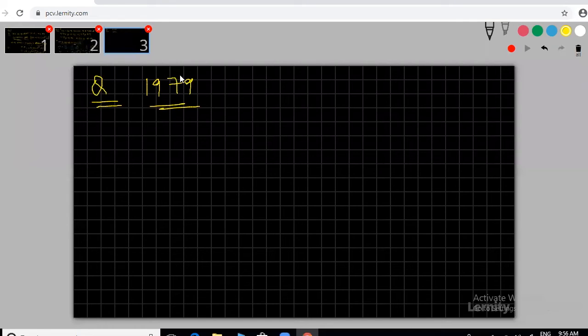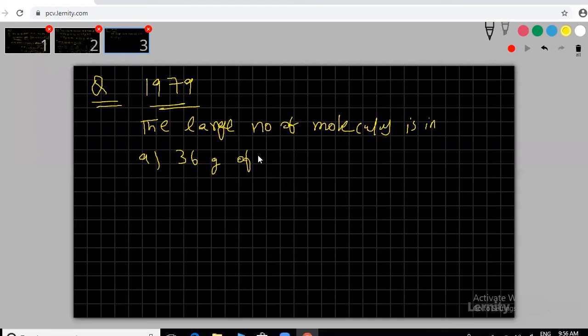The largest number of molecules is in which option? Option A, 36 grams of water.